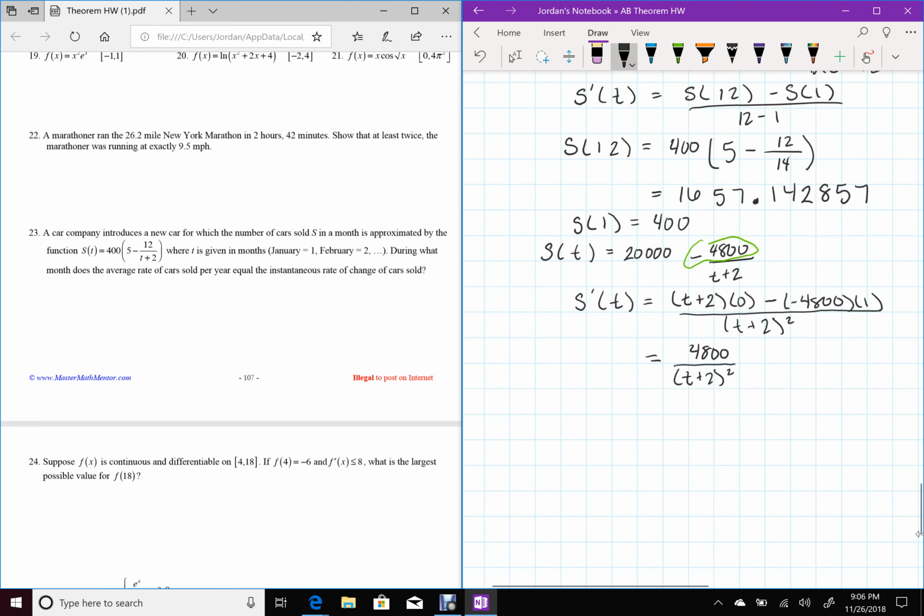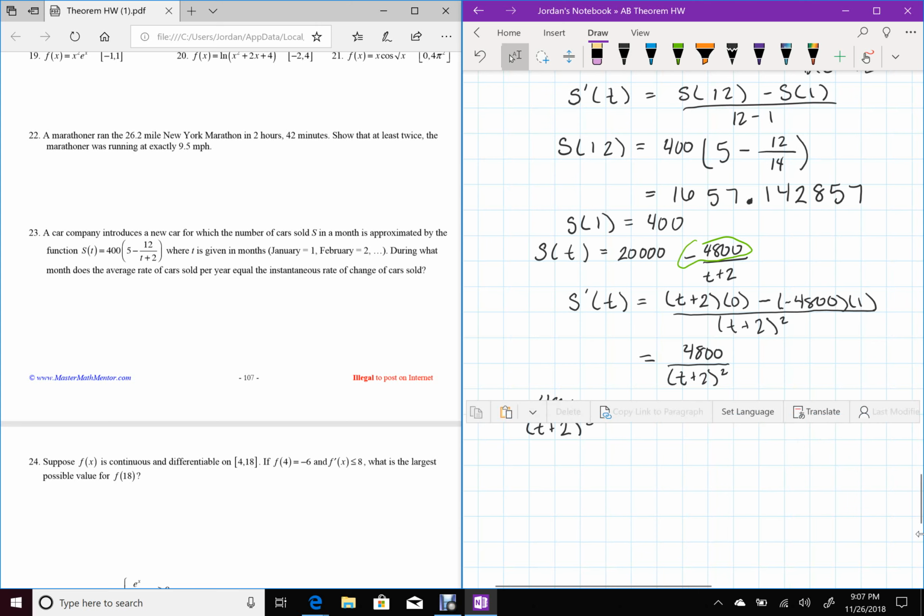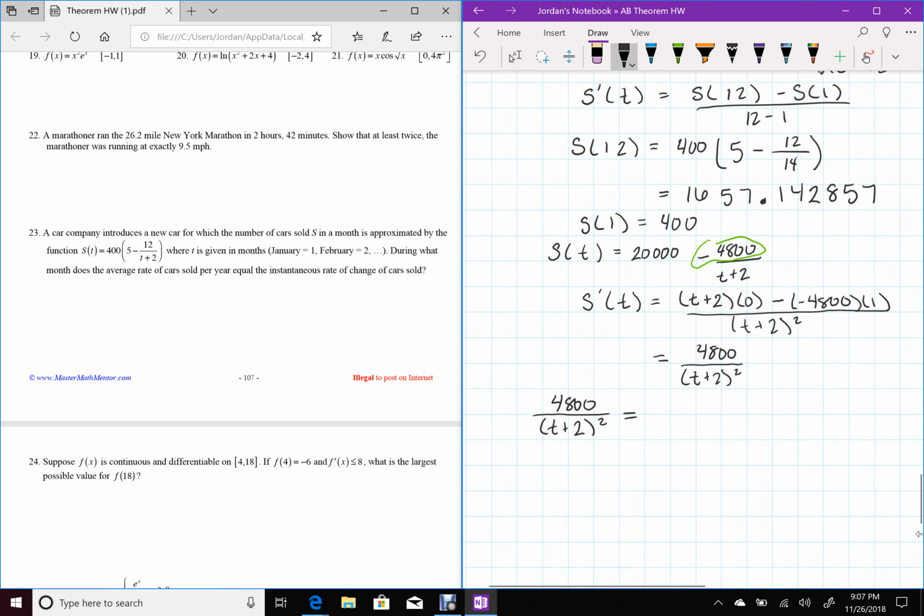So what we need is this 4,800 over t plus 2 squared to equal S of 12, which was the 1657.142857 minus the 400 all over the 12 minus 1.